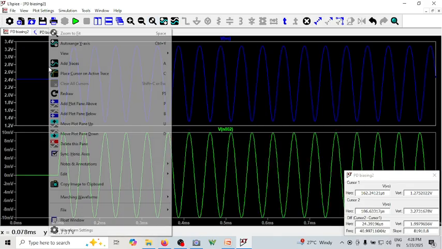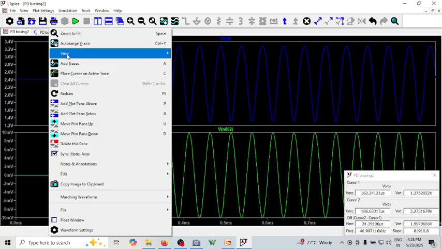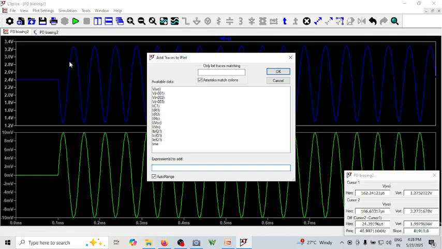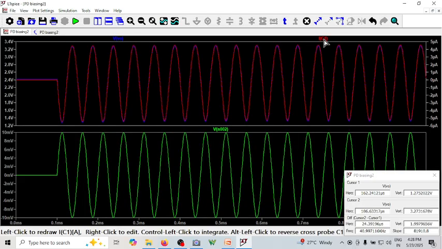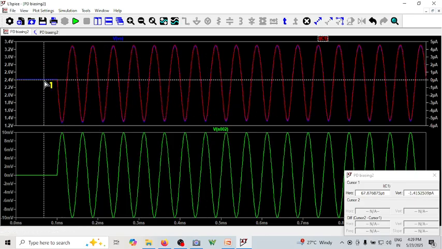Let me add a trace corresponding to Ic and measure the current.